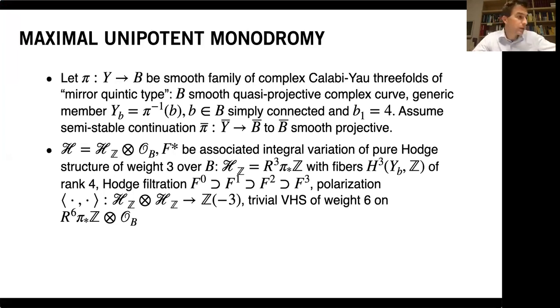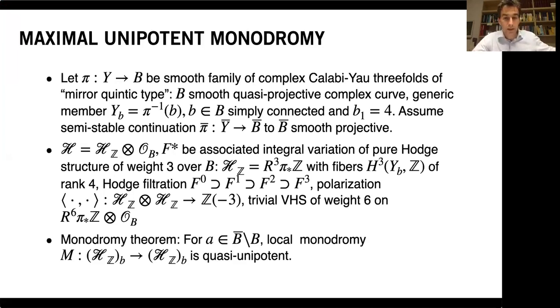This is what you can associate to this family of Calabi-Yau threefolds that you use for mirror symmetry. I want to review how these functions that appear in mirror symmetry arise out of this, and how you understand that they actually give you a 3 function. The monodromies are quasi-unipotent.